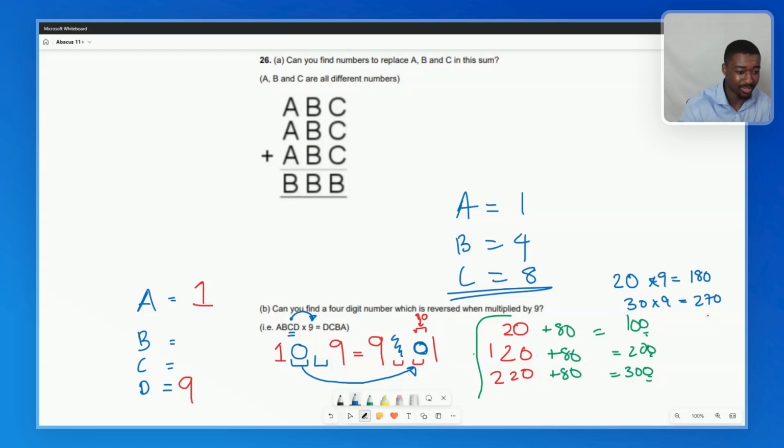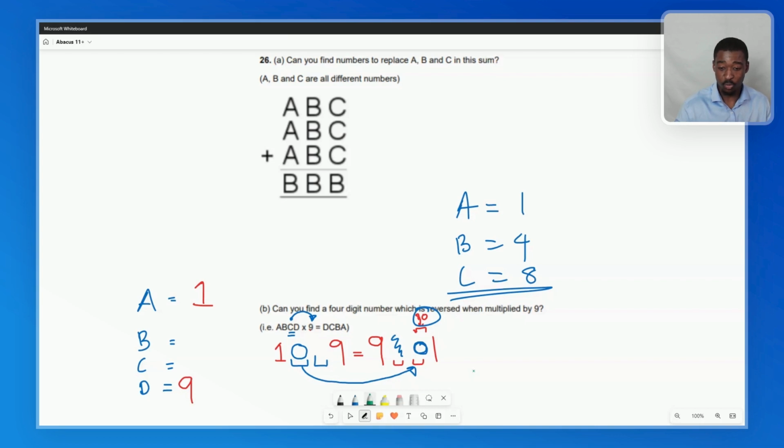But we want the 20 at the end, right? Because only the 20 we can add to 80 to give us a 0 here. Now, if you're good with your times tables, you will know what number multiplied by 9 will give us a value ending in 20. It has to be 80. Only 80 times 9 will give us 720.